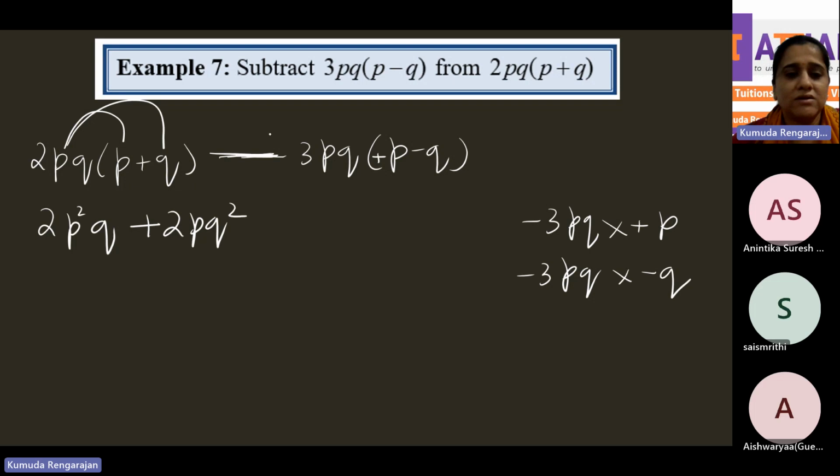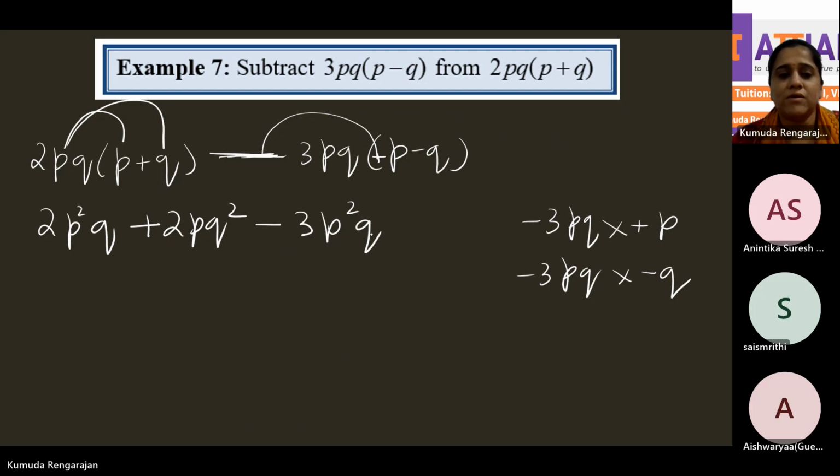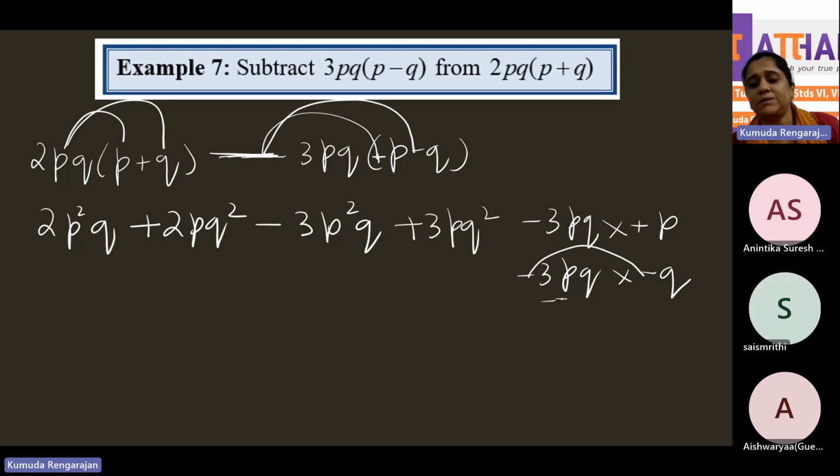So what's the answer? Minus into plus, minus 3p square q. Then minus into minus plus 3p q square, because q into q is q square.